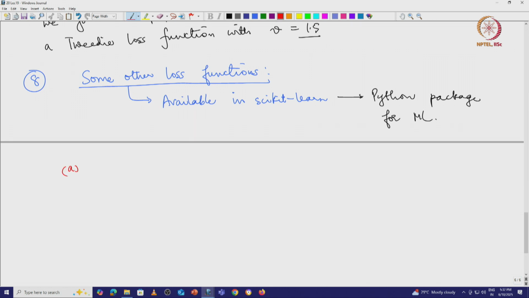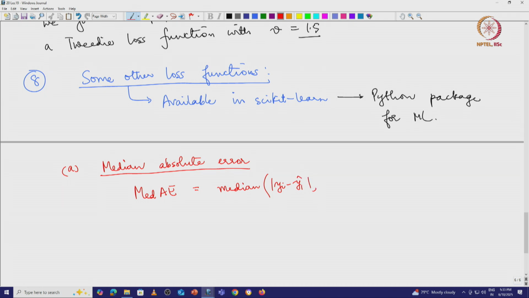One of them is called the median absolute error. So it is an extension of the concept of the mean absolute error to the median. It is abbreviated as MedAE. Median absolute error is basically the median of the errors y1 minus y1 hat, y2 minus y2 hat, up to yn minus yn hat.